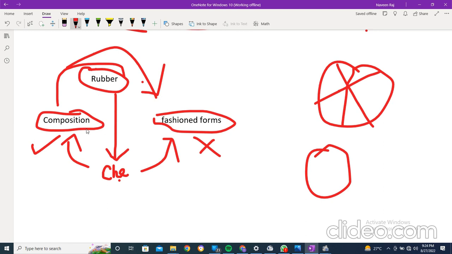We are looking first of all into the composition, its properties, behavior and all that. Due to studying the composition, we have been able to make the fashion form. That is what chemistry is, right? Chemistry has enabled us to first investigate matter, then make our desired products from it, all for mankind.